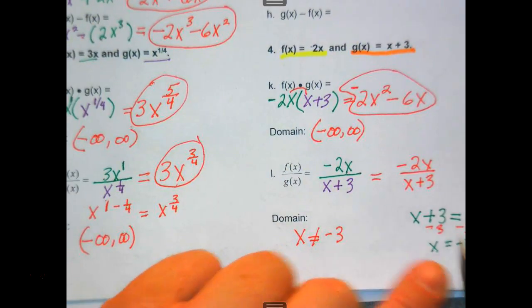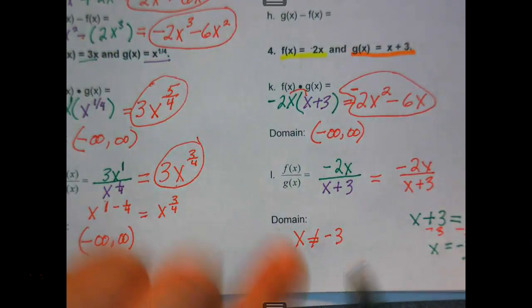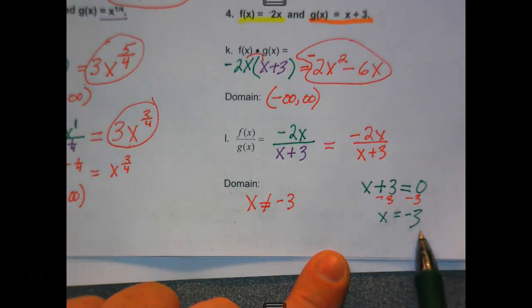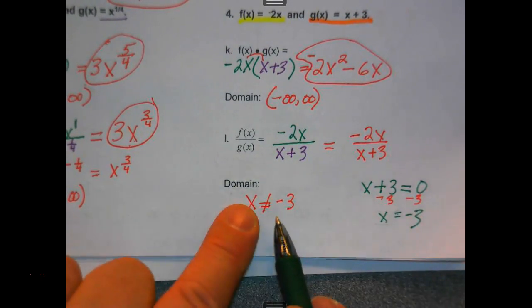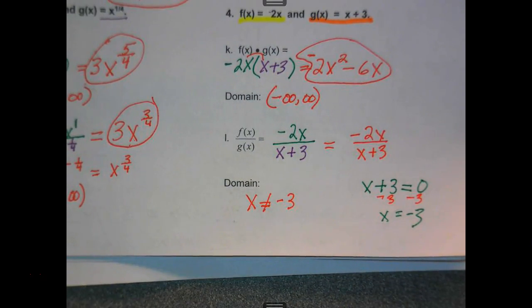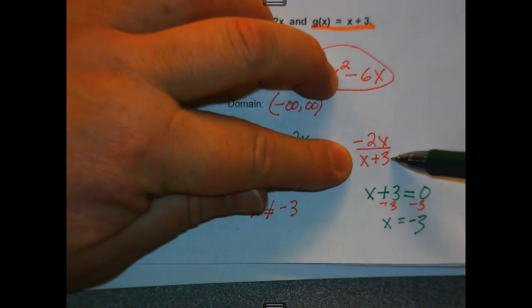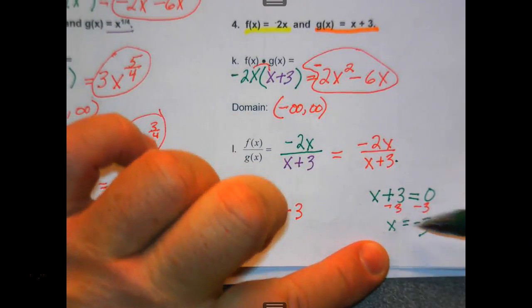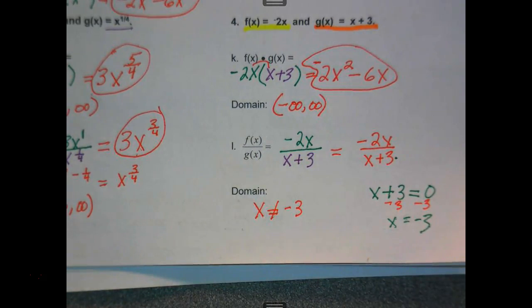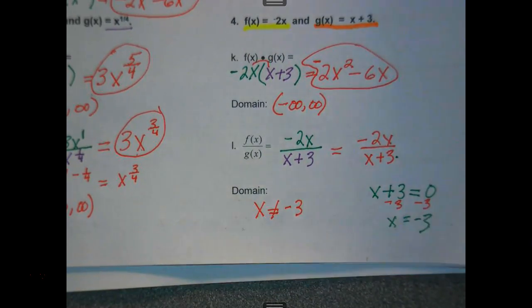So negative 3 would make that 0, so I can't let x be negative 3. Just the denominator. Equal it to 0 to find out what x cannot be. Okay. Yes, to find out what it can't be. Yes. Very good.